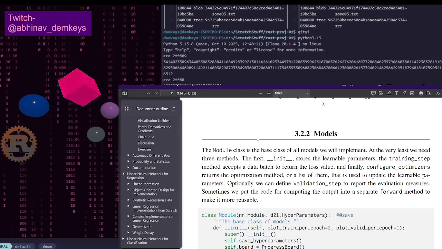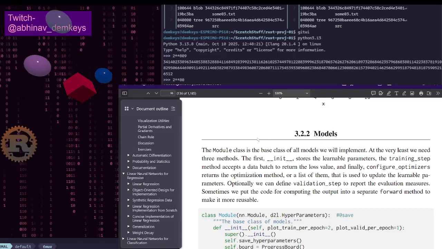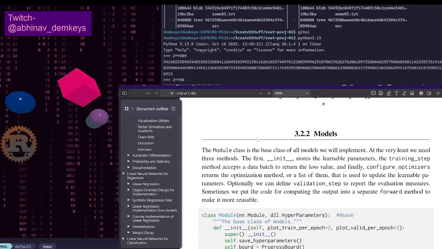Because my plan is to build neural networks from scratch.